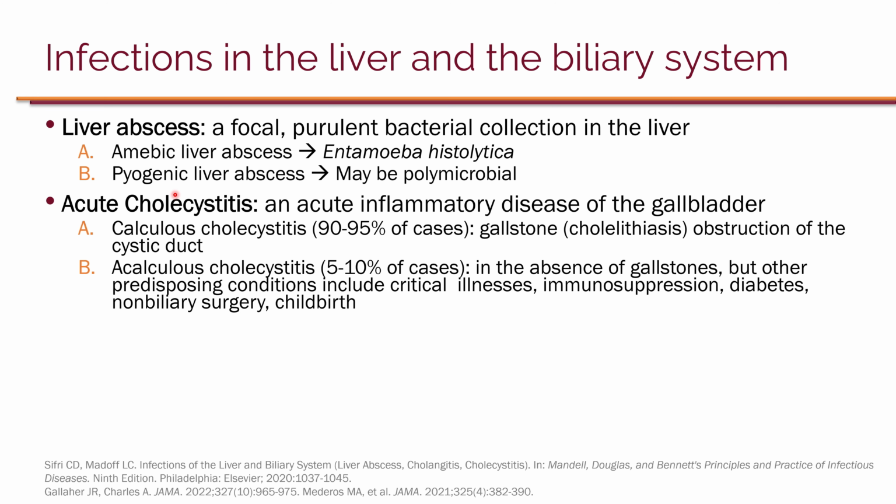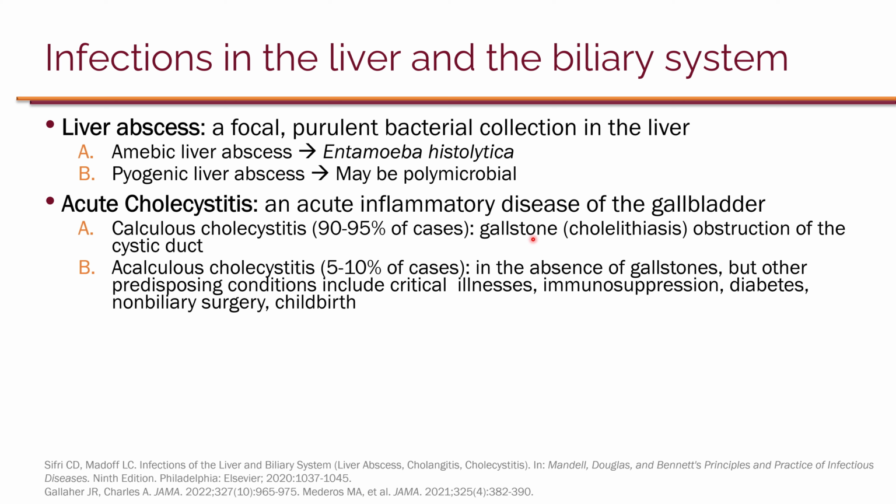For cholecystitis, which is an acute inflammatory disease of the gallbladder, we think of it in two ways. Calculous cholecystitis is the large majority, about 90 to 95% of cases. This is due to gallstone, and the medical term for gallstone is cholelithiasis.